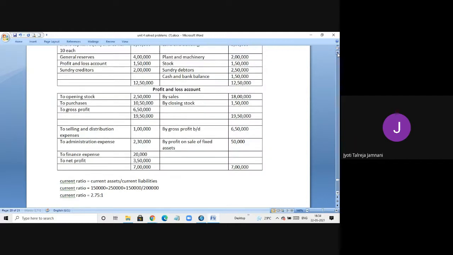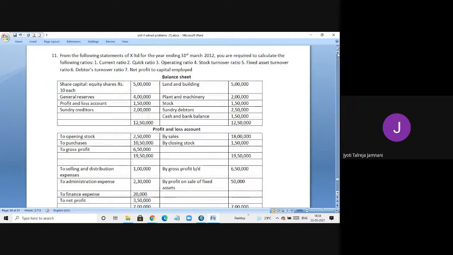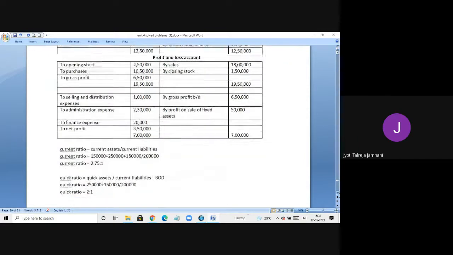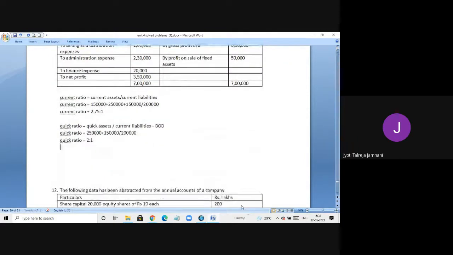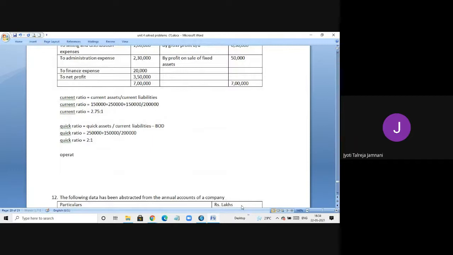Next we'll see what they've asked. They've asked you to find the operating ratio. So operating ratio we have done previously also. It is nothing but the operating expense ratio. If it is profit, they will mention clearly operating profit ratio.